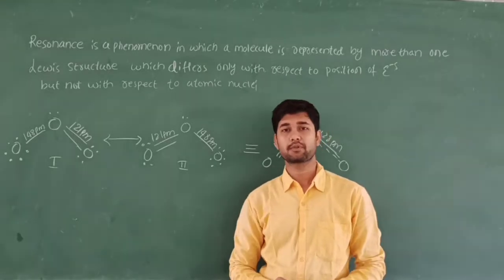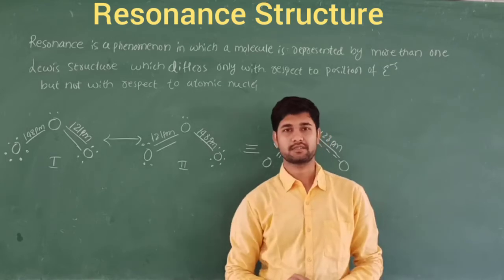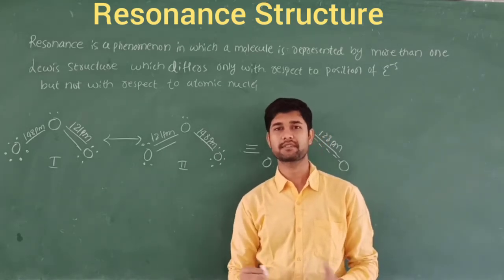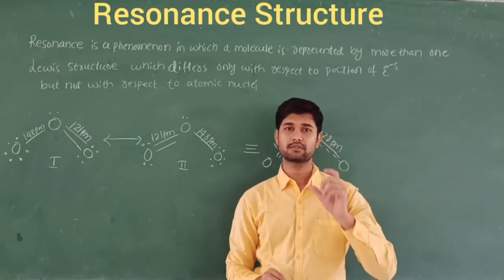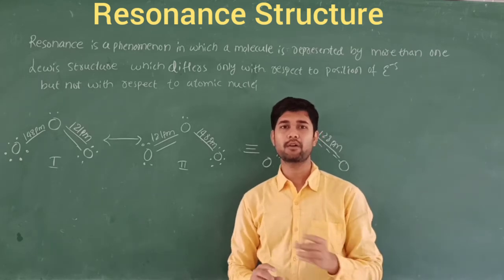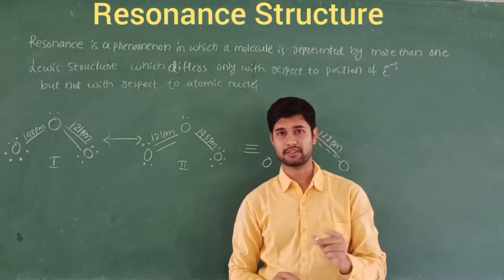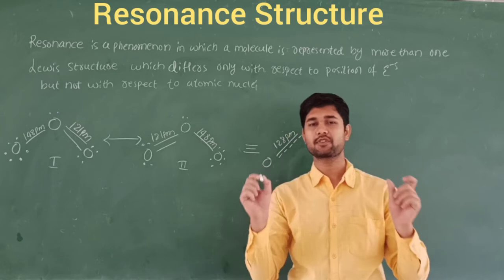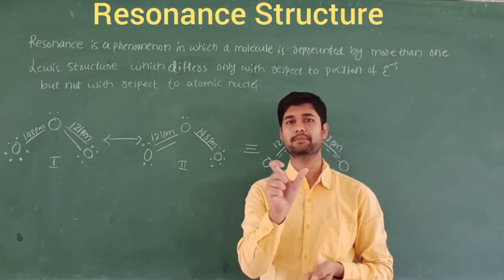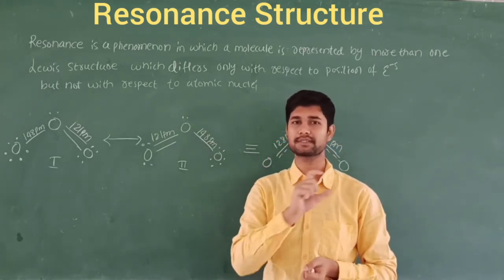Let's discuss resonance structures. Why should you study this? It is very important. To represent any molecule, we use the Lewis dot structure, right? The Lewis dot structure tells how to represent a molecule, which we have discussed already.